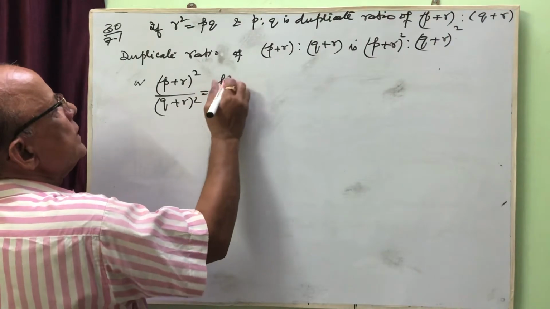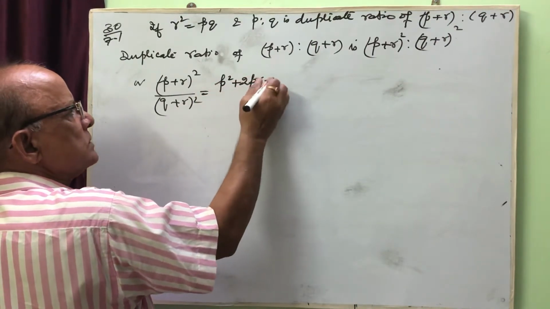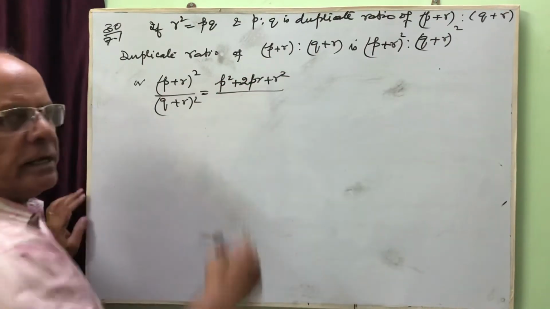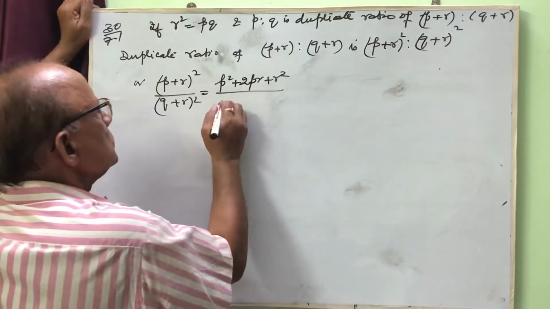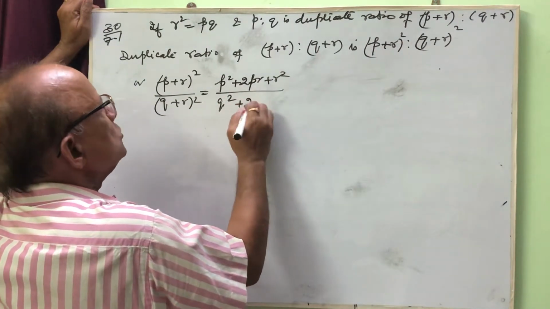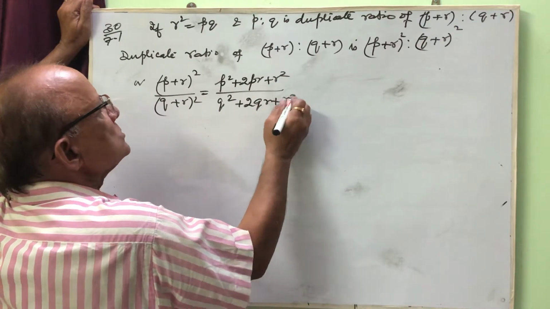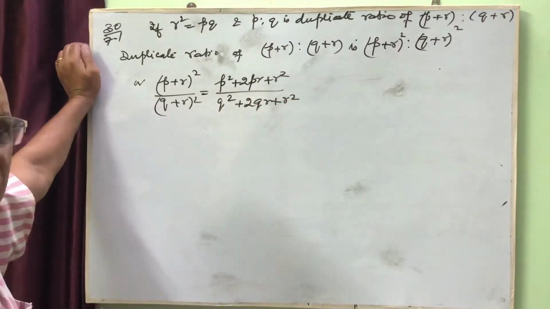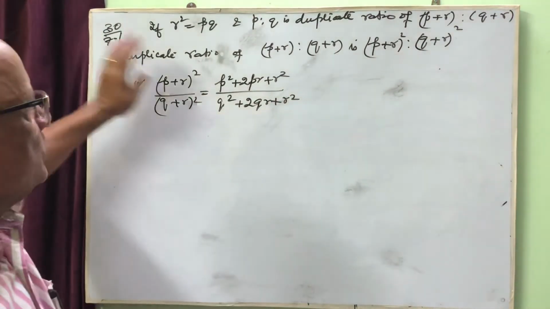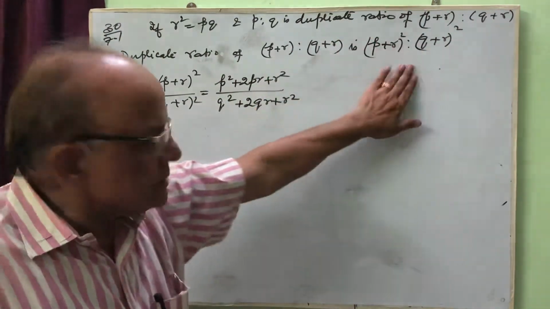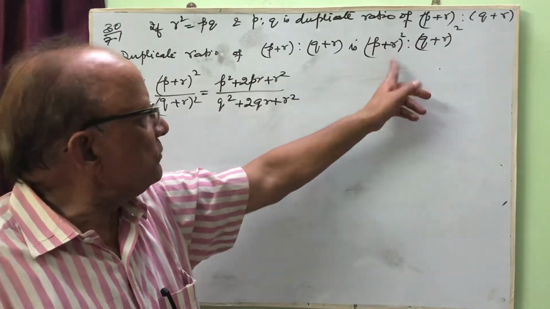Here p square plus 2pr plus r square, simply apply the formula a plus b whole square, q square plus 2qr plus r square. Duplicate ratio of this will be this. Now try to simplify it.